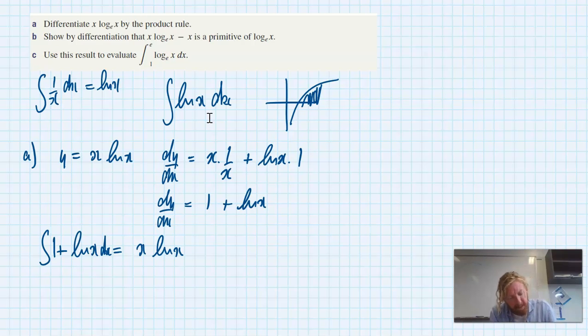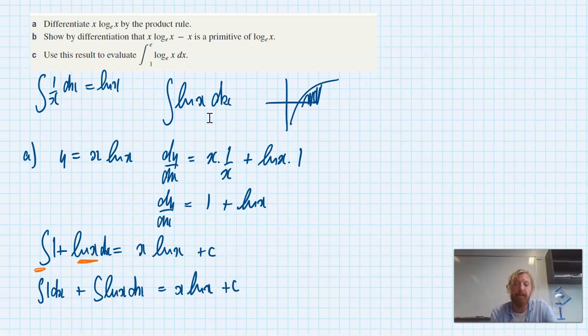Now, I want this guy in here. I want the integral of ln x. So what we're going to do is split that integral, and we can split integrals. So this is the integral of 1 dx plus the integral of ln x dx equals x ln x. And I should have a c here, guys. Plus c. Sorry about that.